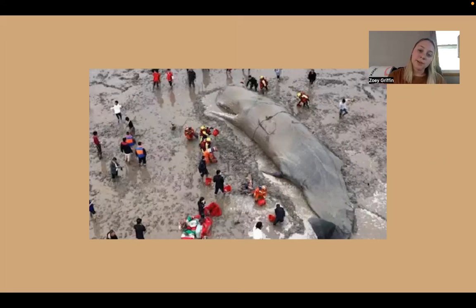It's actually really sad because the whale ended up passing away, and the students were pretty upset about that, as you can imagine. But it helped them create this connection. Oh, this actually does happen in real life, and this is a real serious situation. So it's going to help them think about the biology and things like that. It's just a really good way to connect those two together.